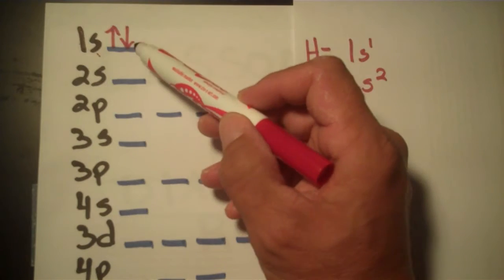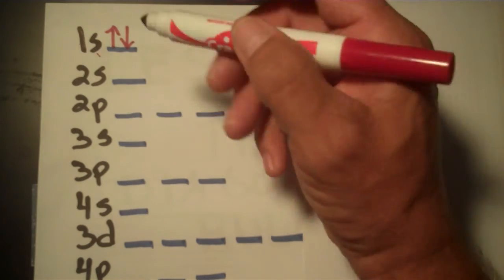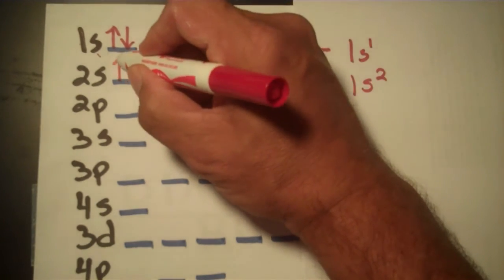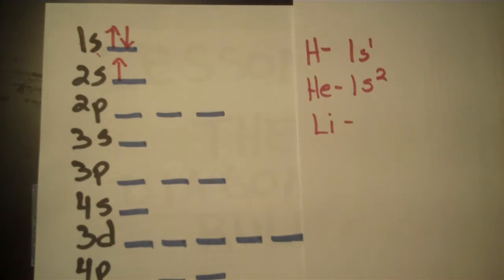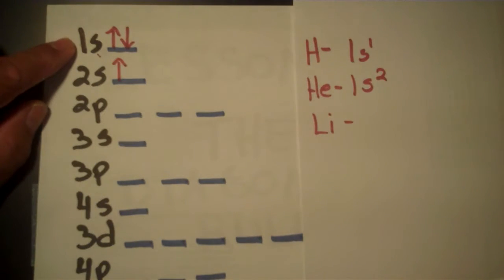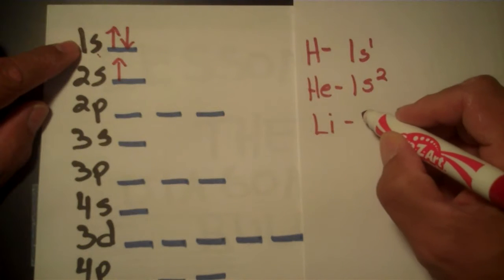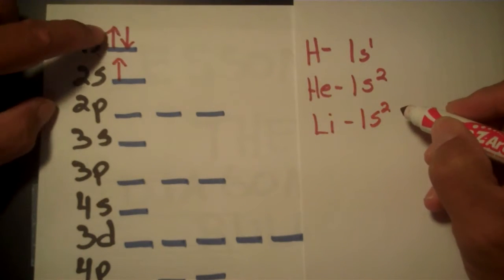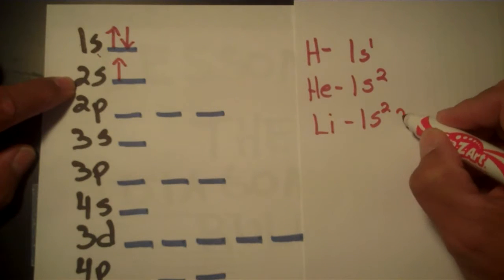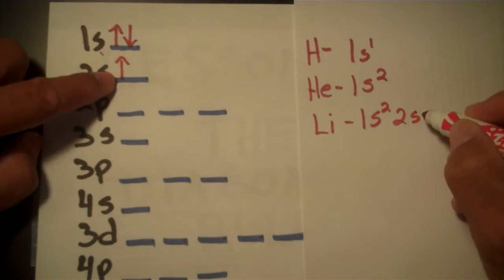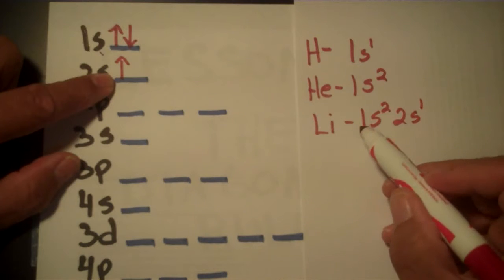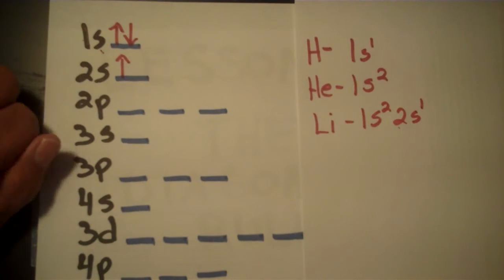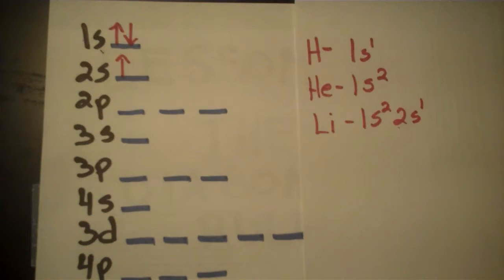Then, since it's full, I go to the next energy level, and I put 1 going up. So as I write my electron configuration, I write 1s2, go down to my 2s, and there's only one electron there. So it's 1s2, 2s1. This is becoming pretty simple, isn't it?